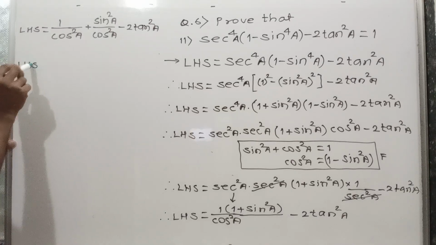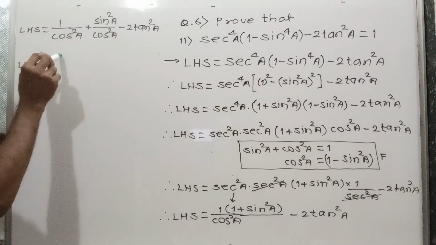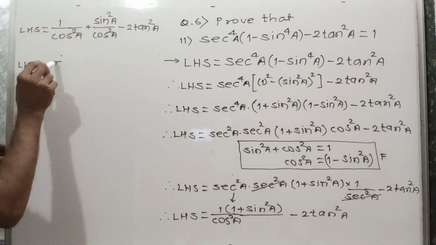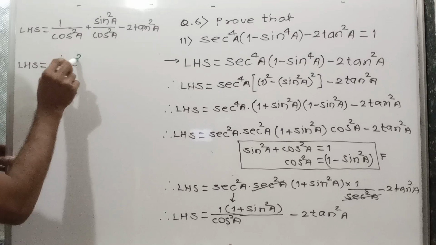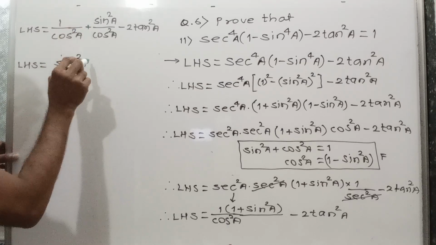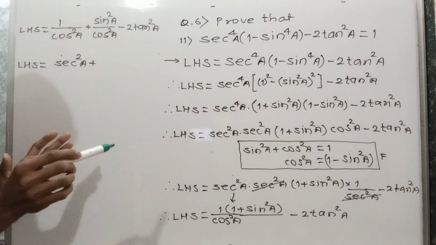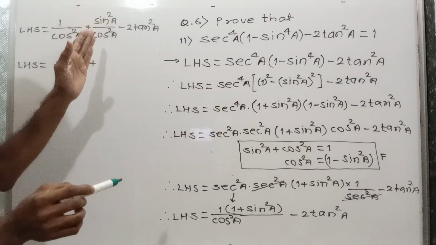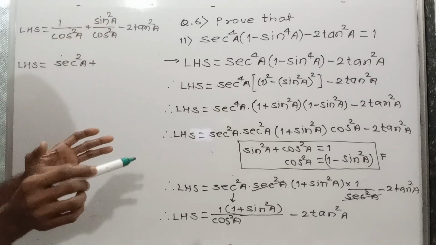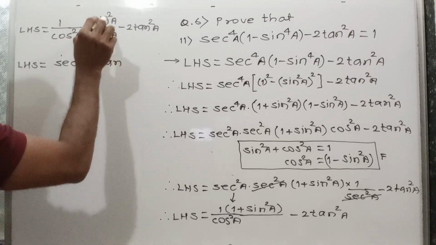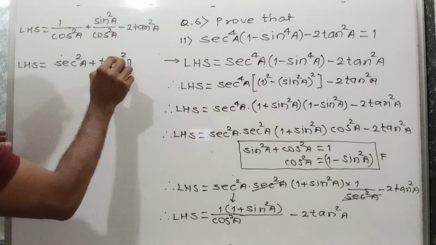Therefore LHS is equal to 1 upon cos² a, which means sec² a, plus sin a upon cos a. I will tell you, here sin² a upon cos² a, but sin a upon cos a means tan a. When squared, we write the square.